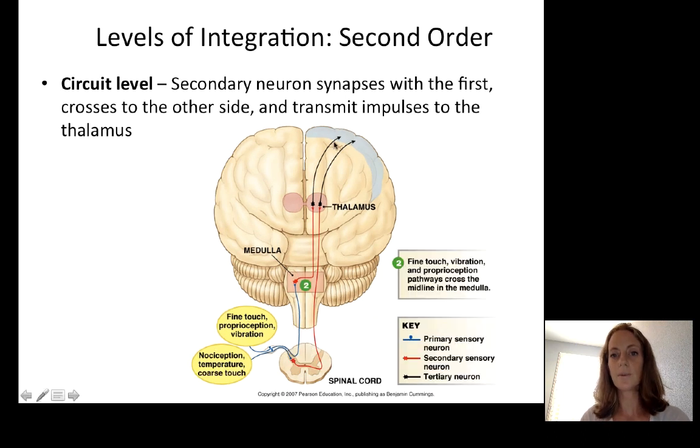The next order will be within the nervous system, either the spinal cord or the medulla. That's the red neuron here. This one is going to cross over to the other side of the spinal cord or to the other side of the medulla before it travels up to the higher regions of the brain.